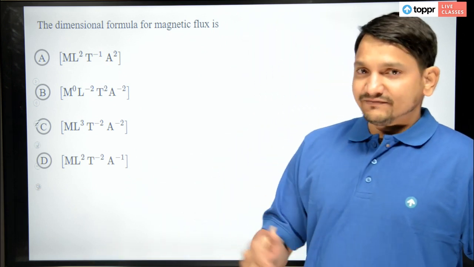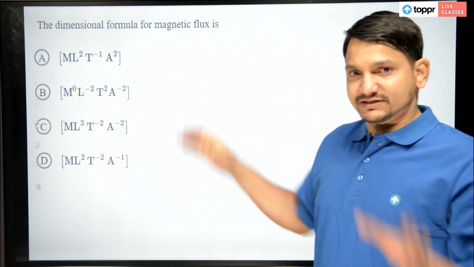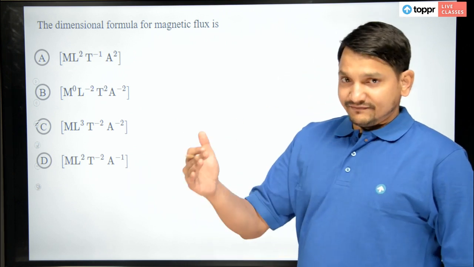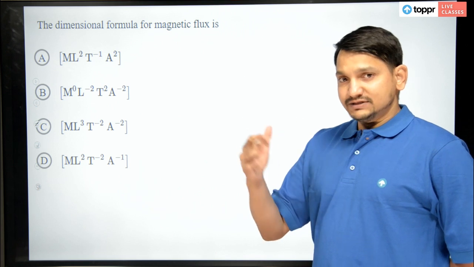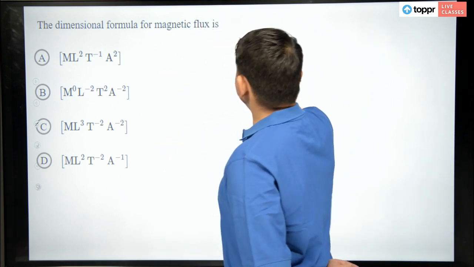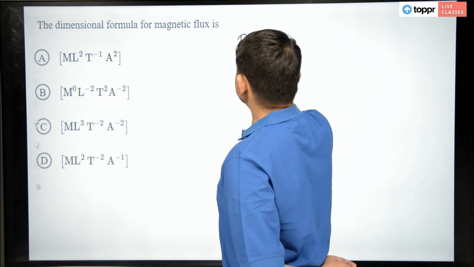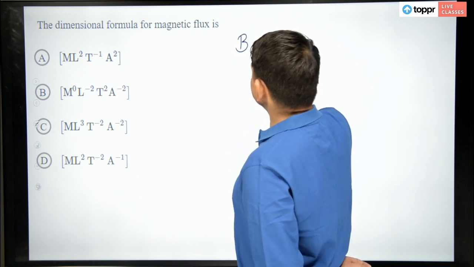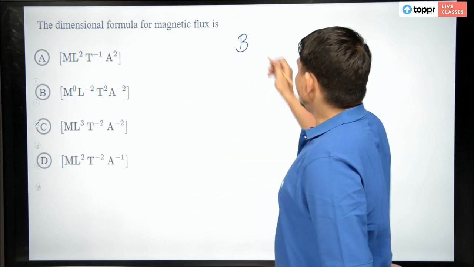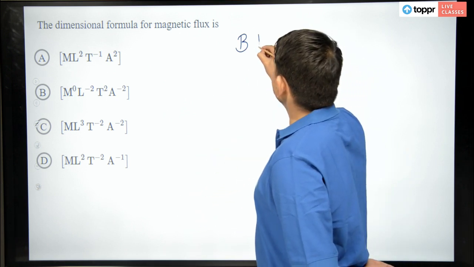Number of magnetic field lines through a given surface area. So you can say that this is magnetic field times area. That is the formula. Let's say magnetic field is B, we are using this symbol here, times area. Rather than writing area as A, let's write it L square.